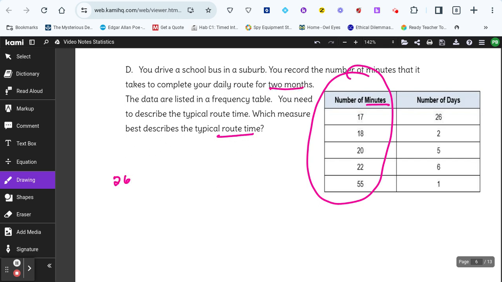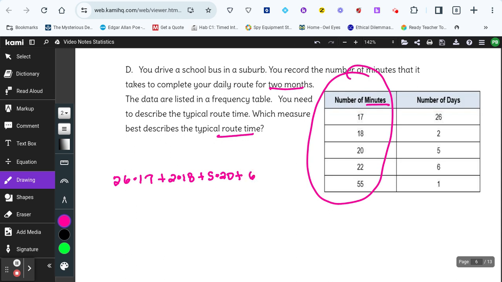So that 17 actually happened 26 times. Plus 2 days, it took them 18 minutes, so you're going to have 18 appear twice. 5 days, it took 20 minutes. So 20 minutes is going to appear 5 times.